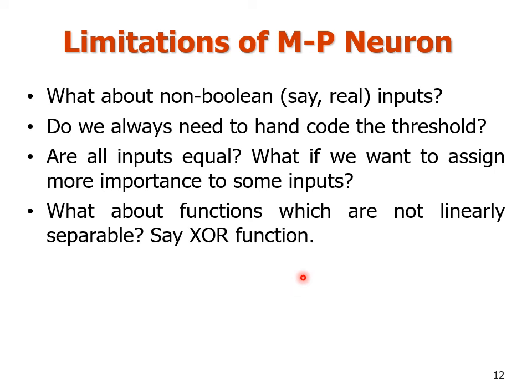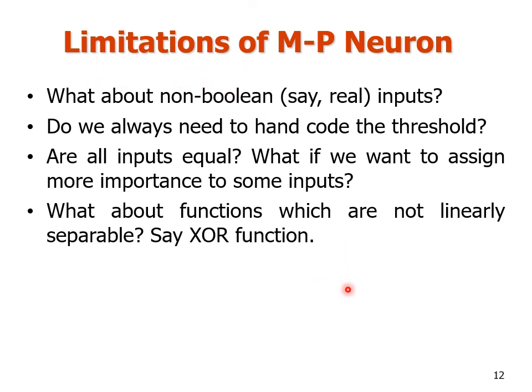So it is clear from our discussion related to the MP neuron that it is not possible to address these 4 questions, and this is the reason why we are not using the MP neuron today, because it has these kinds of limitations.